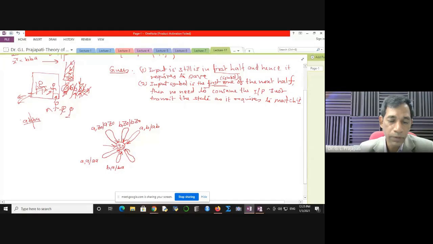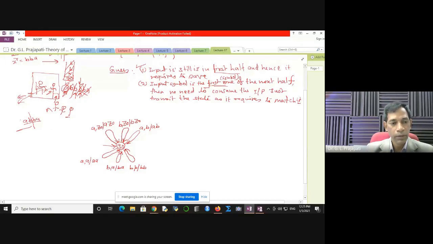Next, you may have the possibility that the input is B and the top can also be B, and hence you need to save. This is with the assumption of the first guess: you assume that the input is still in the first half, and you need to save onto the stack.